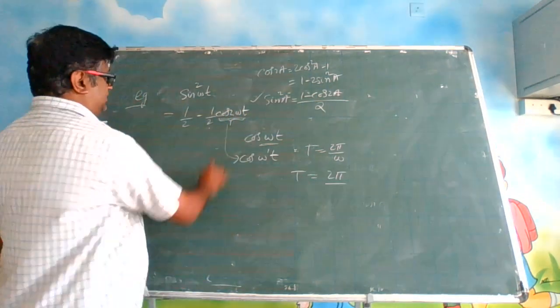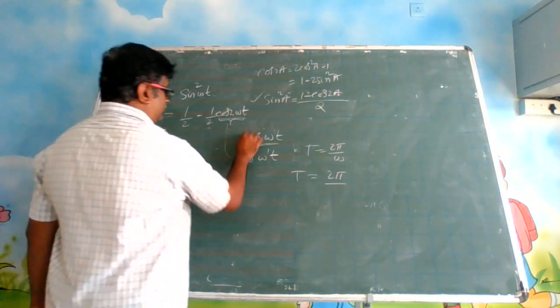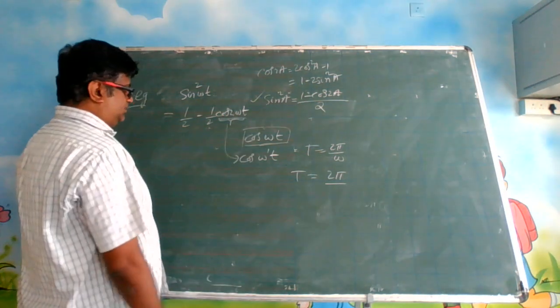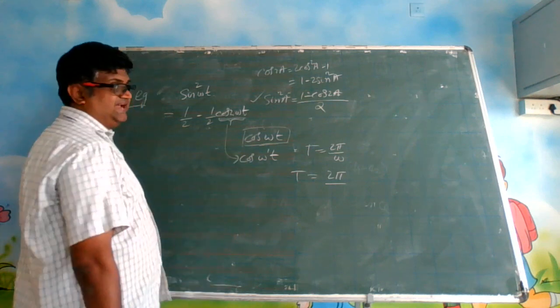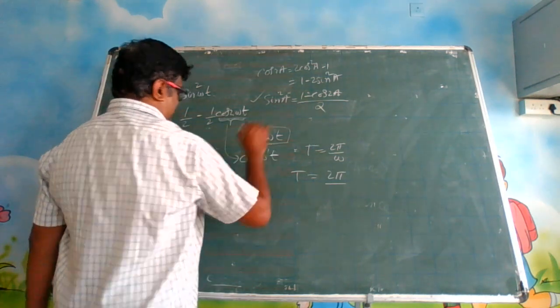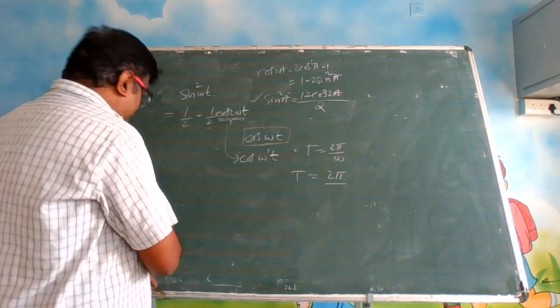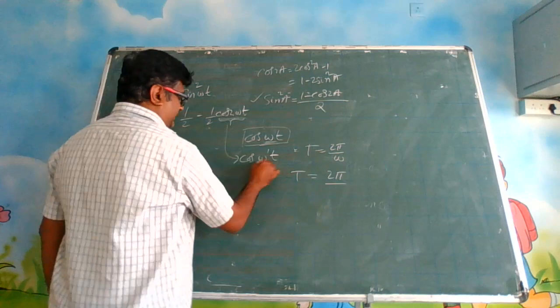No, this is not like our standard equation. In the standard equation you will find cos omega t, but here it is 2 omega t. So this 2 omega I am calling omega dash. Our time period was 2 pi by omega when it was omega, and now it is omega dash.